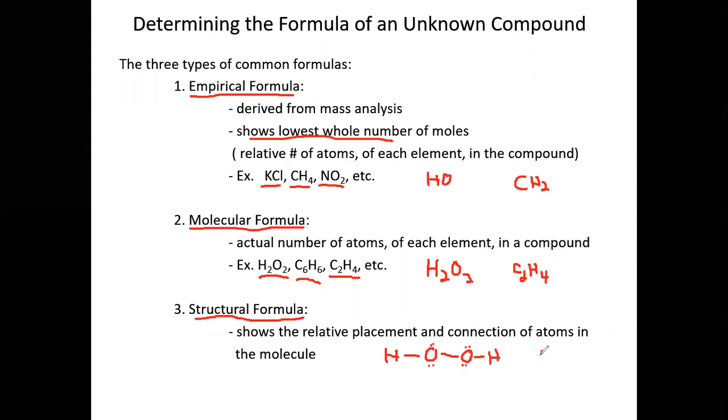And the structural formula looks like this. Again, for the structural formulas, we'll look at more in later chapters when we look at Lewis structures and how to draw these. So that's the difference between all three types of formulas.